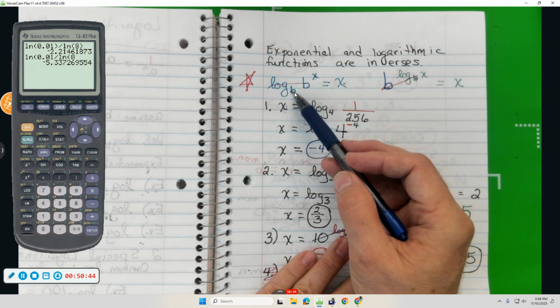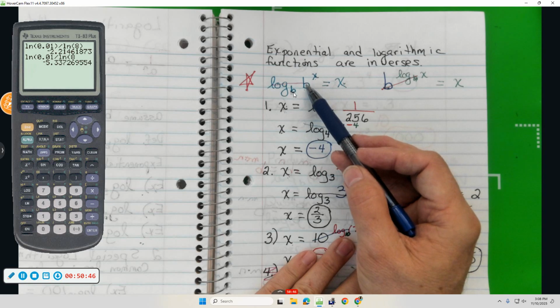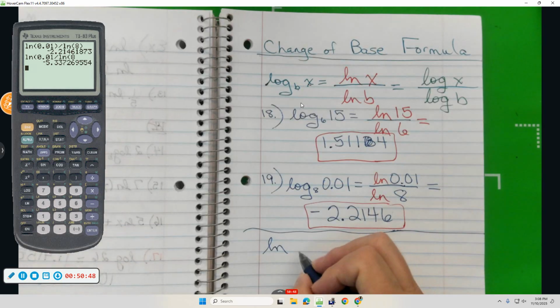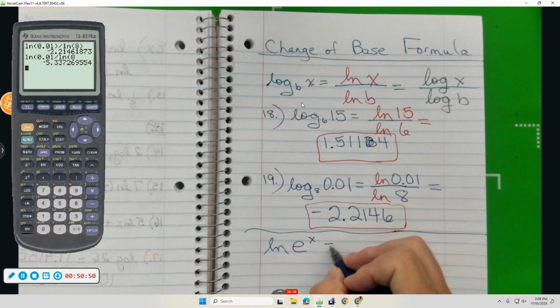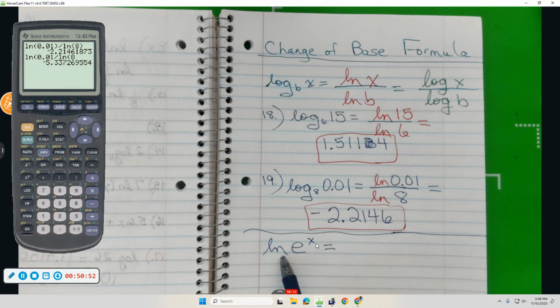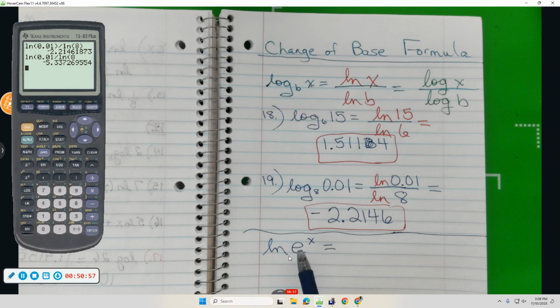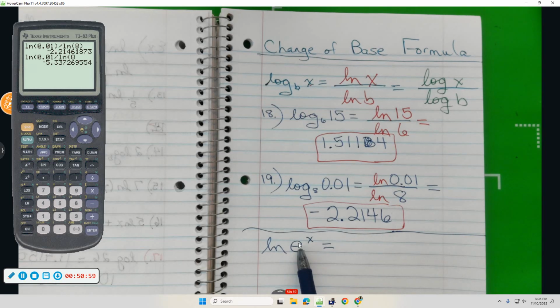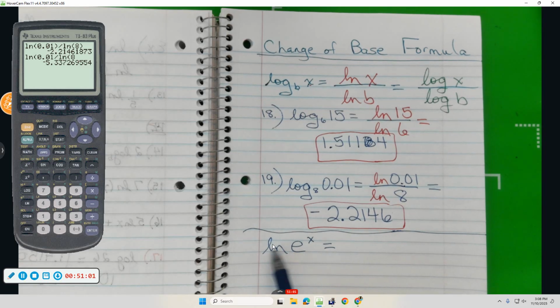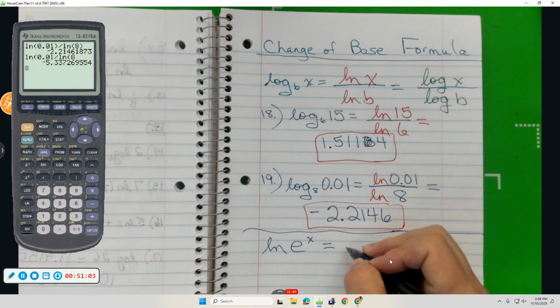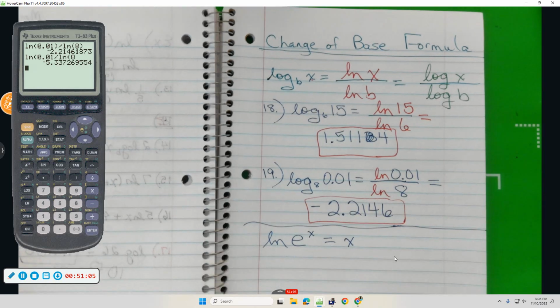That's log base e, so this base would have to be an e. When you see that ln, you think to yourself, there's a little e there. The logarithmic and exponential are performed consecutively. They cancel each other out, leaving you just an x.